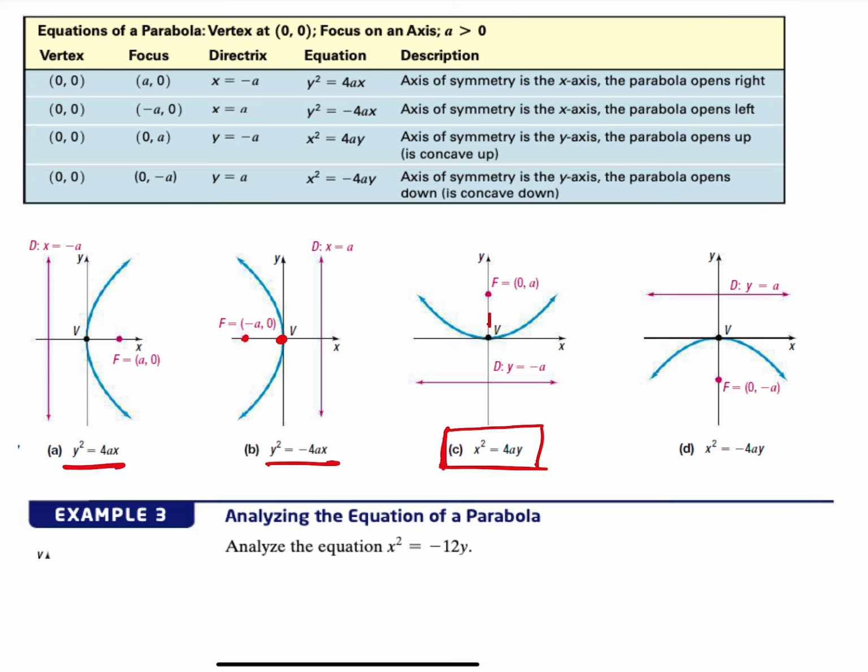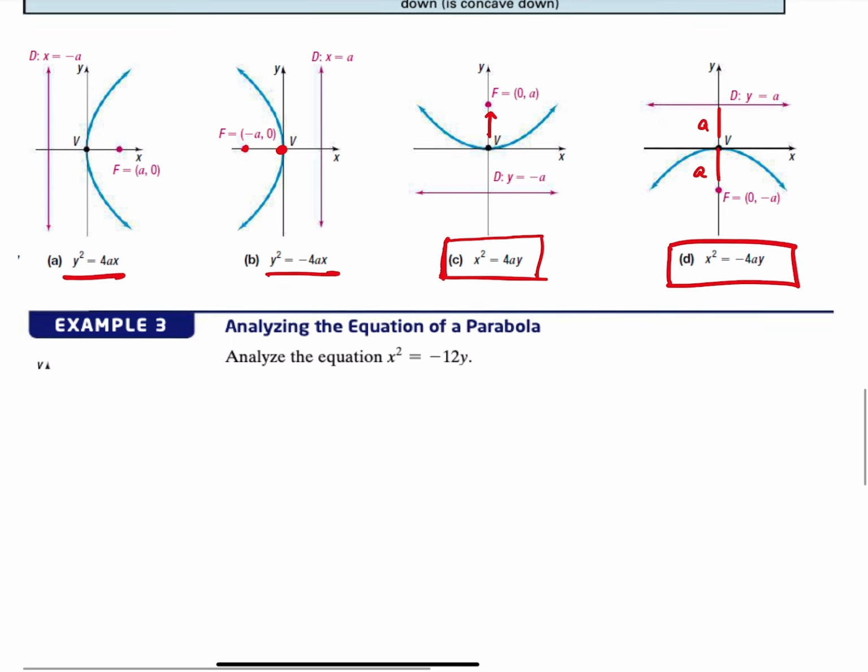But now we're just looking above or below the focus. If a is positive, that means it's above, so the parabola will open upwards. And then if we have a negative, that will cause the parabola to open downwards. But this distance is still a, so this would still be the same distance a. So let's look at some upward and downward facing parabolas.